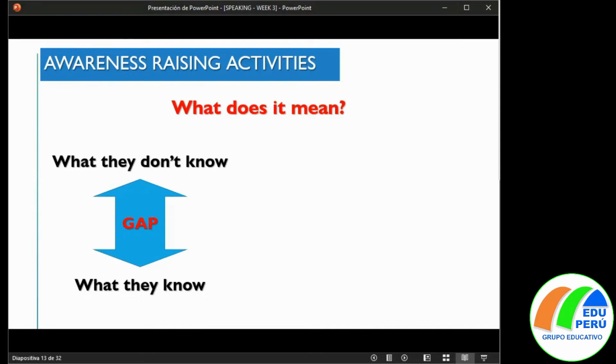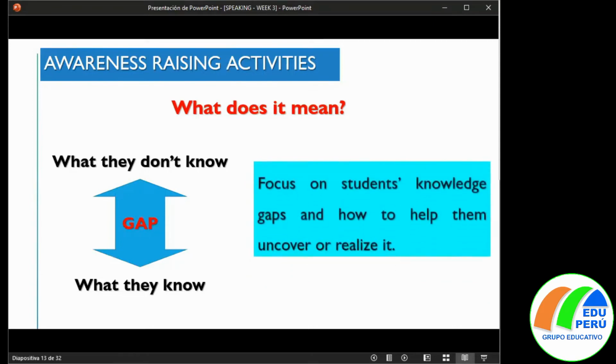And this is the purpose of these activities. The awareness raising activities have this purpose. So here you have that it is focused on a student's knowledge gaps and how to help them uncover or realize it. Notice, this is the focus of these activities.